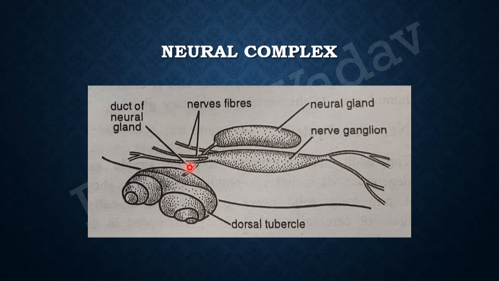These are the anterior nerve fibers, and the neural duct is passing between these and going below, and through an aperture it is opening into the dorsal tubercle, which is placed in the prebranchial zone. So this is the neural complex found in Herdmania.